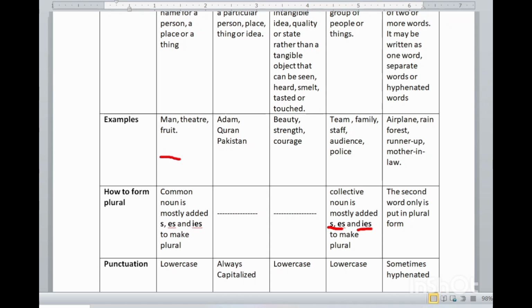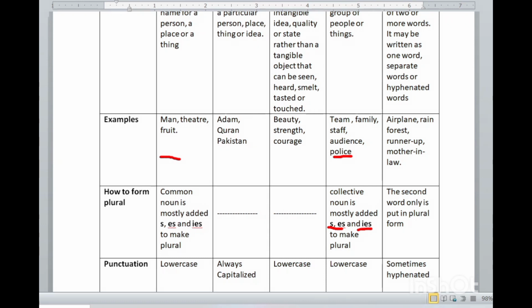For example, we can say staffs, families, teams. Police is the same as plural and singular. We cannot add s to make it plural. So keep this in mind also.